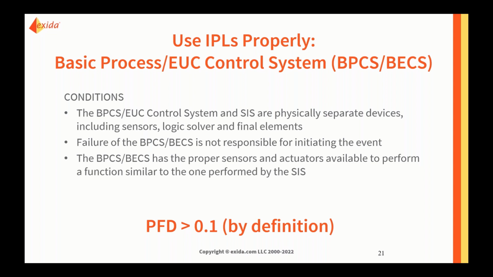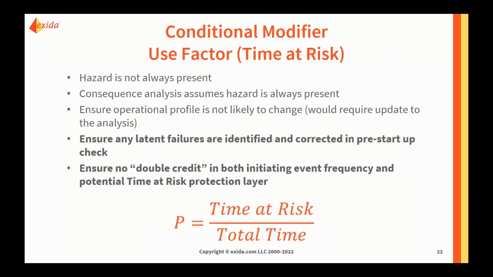Now, another factor that we often see that can lead to challenges is the use factor or the time at risk. And there's a very solid logical background for all of this, and that is sometimes failures are benign. The equipment might not be turned on or in use.